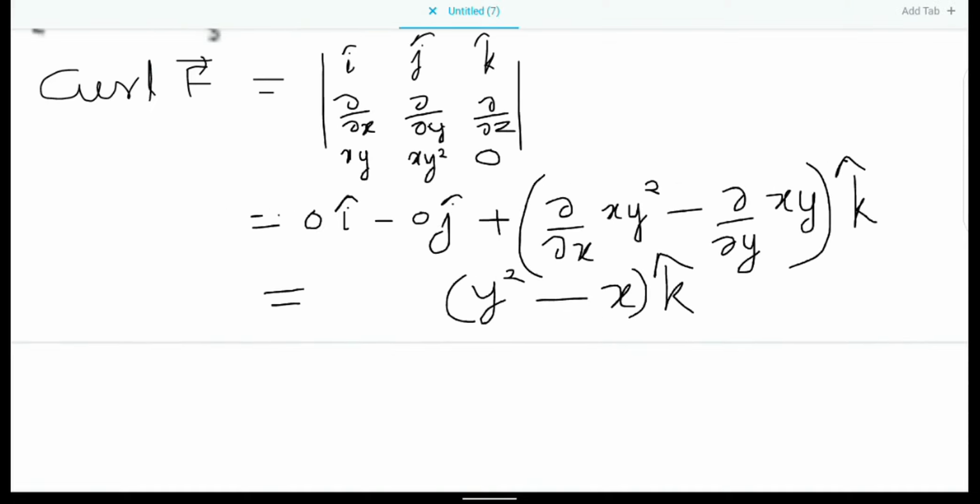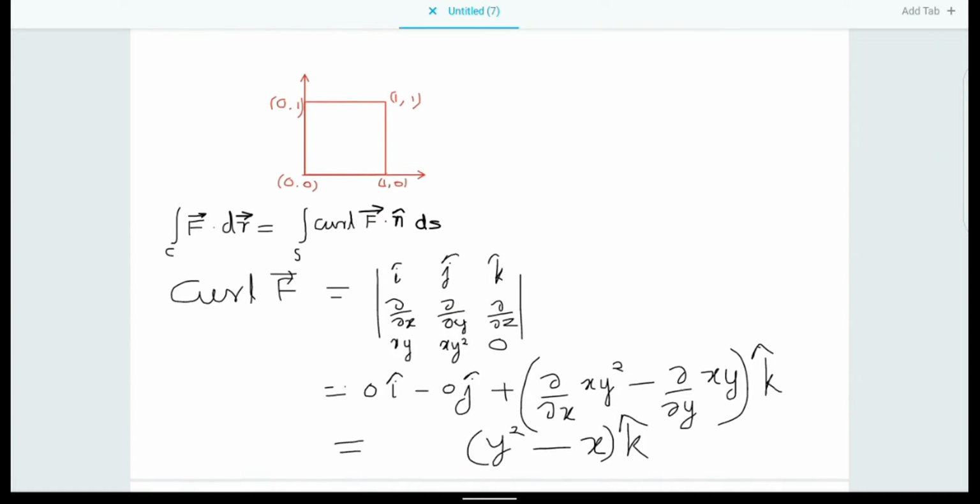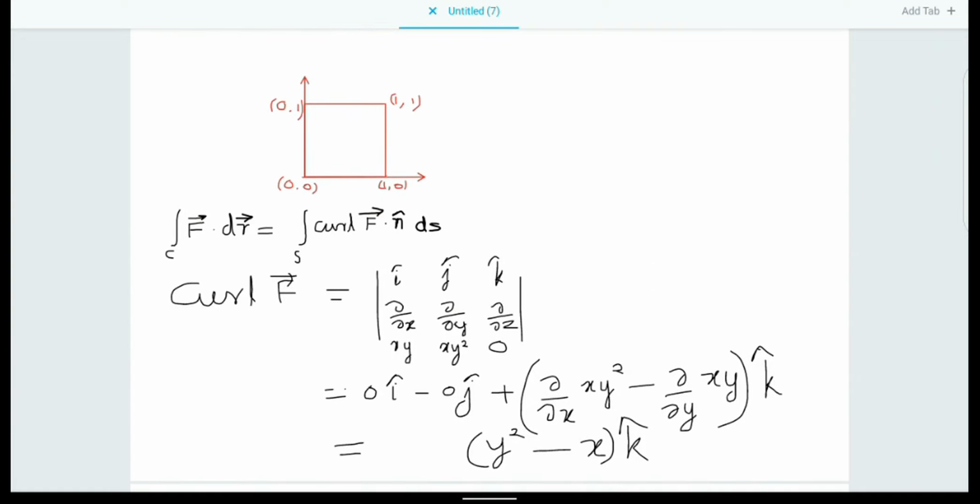Next, we have computed the curl of F, but is that enough? No. We need the outward normal. If you have this as the x-axis, then the y-axis. Obviously, the unit normal to the xy plane is the unit vector k.